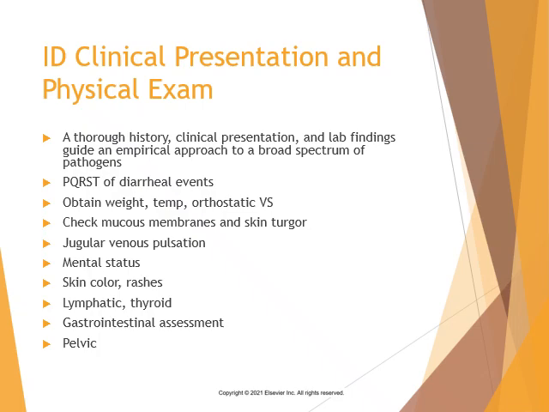A thorough history, looking at their clinical presentations. So doing your old CART, lab findings. Again, it gives you the kind of approach you're looking for. The PQRST, again, is just like the old CARTS of your diarrheal events. Obtain your weight, temp, orthostatic vital signs, because with dehydration, you oftentimes will have orthostatic hypotension occurring.